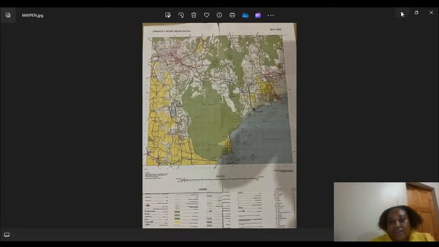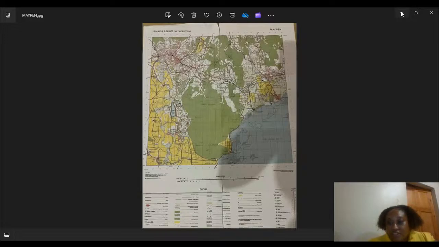Remember, when you're looking at vegetation, there are two things that you need to know. Vegetation is either natural or cultivated. What is natural vegetation? Natural vegetation is vegetation that grows on the land, right? It is not cultivated, it is not planted, it is not the vegetation that you grow.